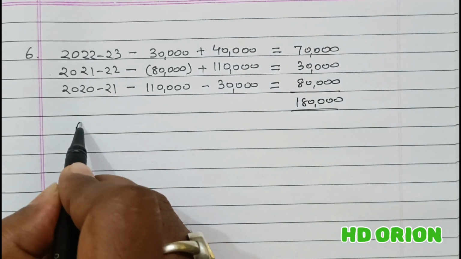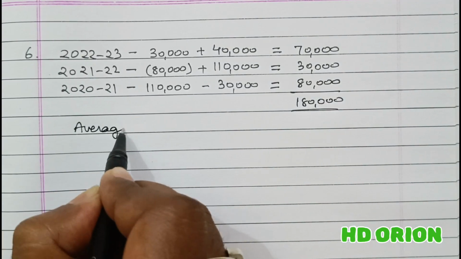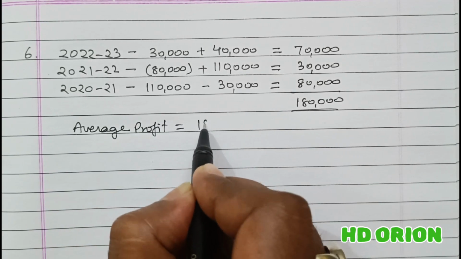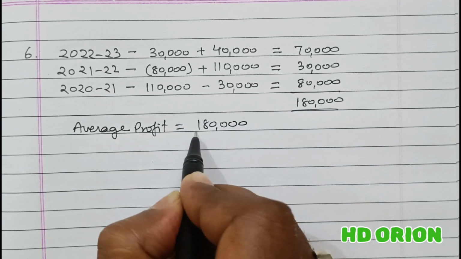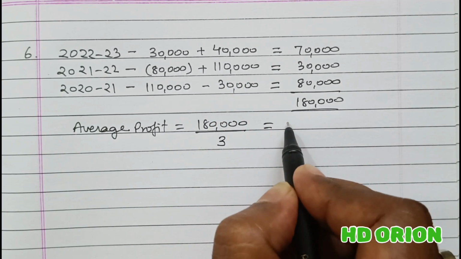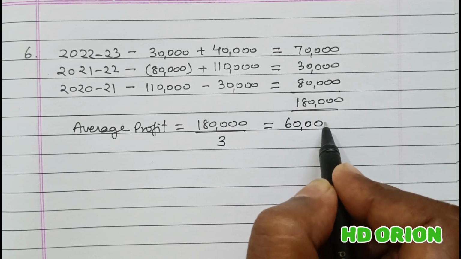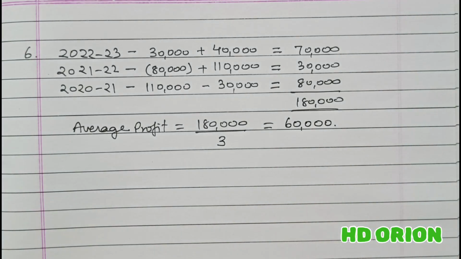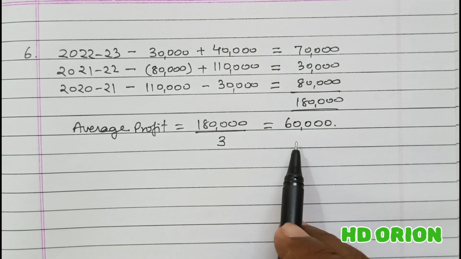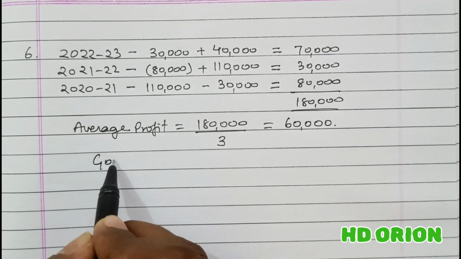Now we will calculate average profit. 1,80,000 divided by 3. 3 years profit is given, so 3. So average profit, normal average profit is rupees 60,000. Based on this normal profit only goodwill should be calculated. Fine. And goodwill.